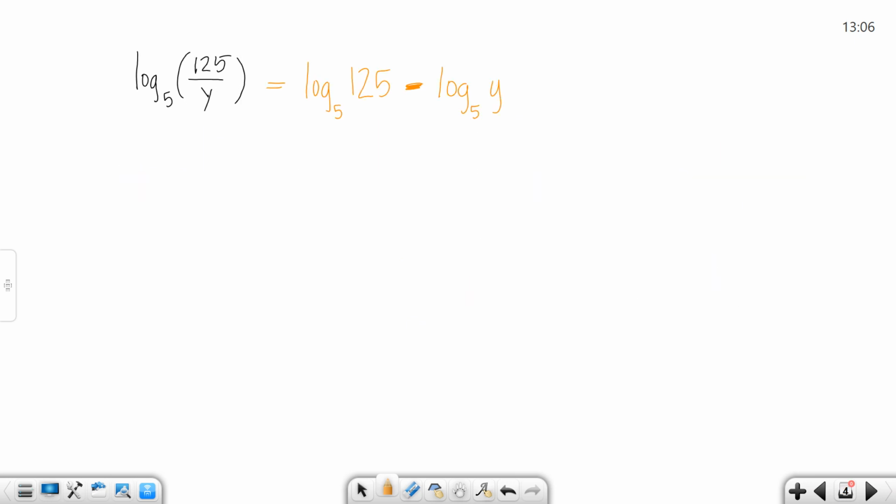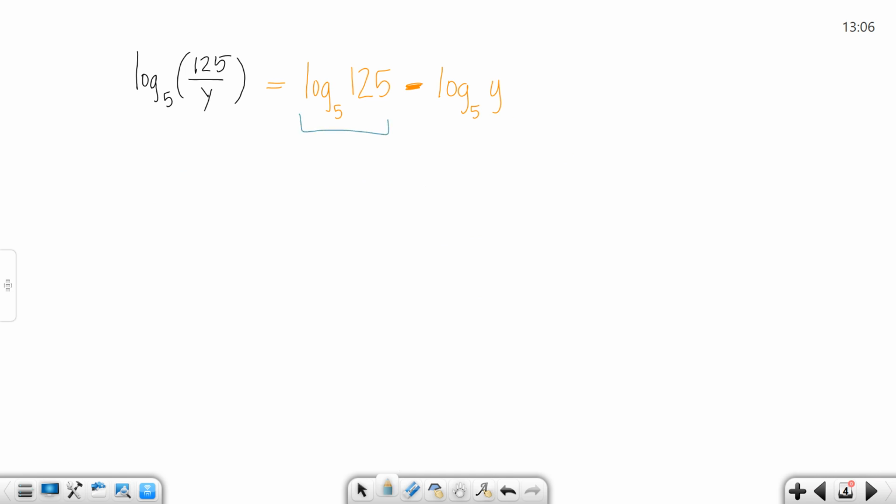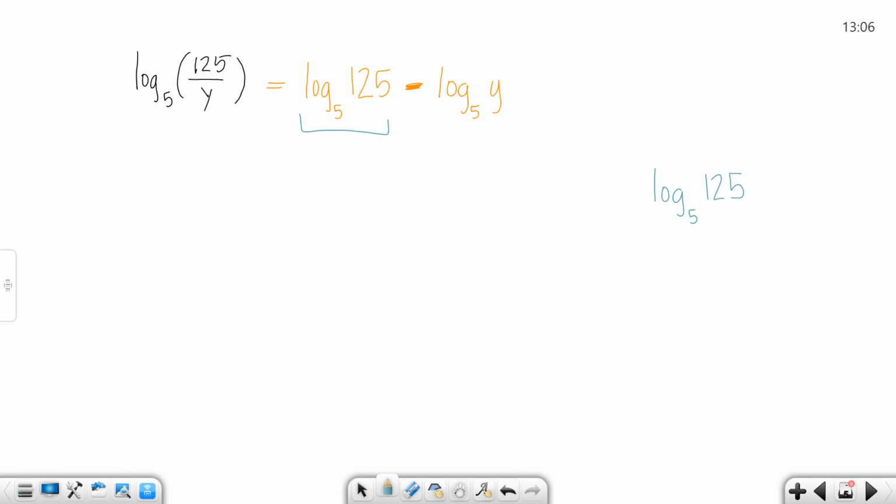But if you look at this one, you've seen a problem like this before. Look at just this piece. See how you have a 5 here and a number here? Well, with two numbers there, you can actually simplify it.